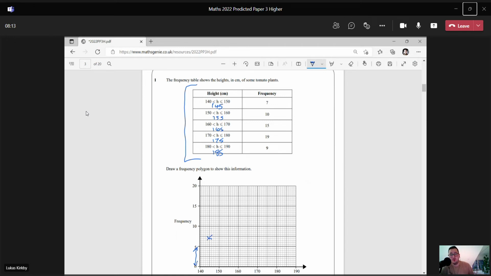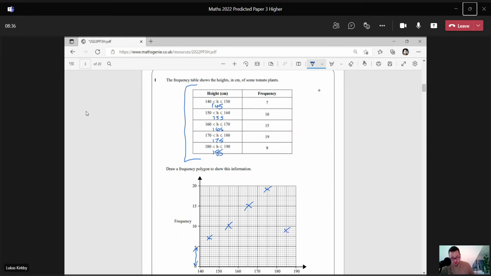We've got 155 and 10, so that would be there. We've got 165 and 15, like that. We've got 175 and 19, which should be about there. And 185 and 9. So that should be there.